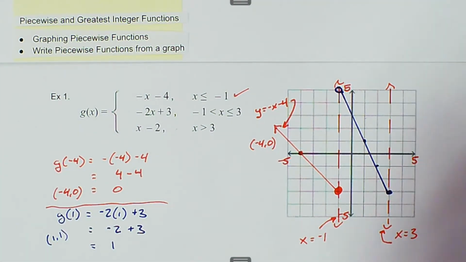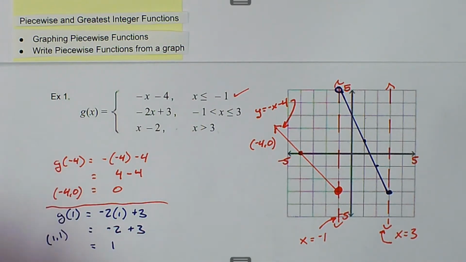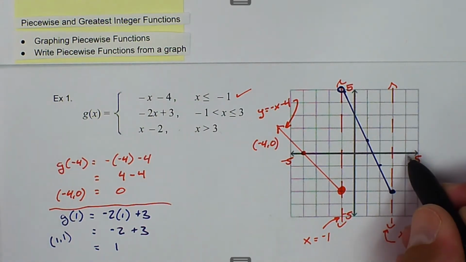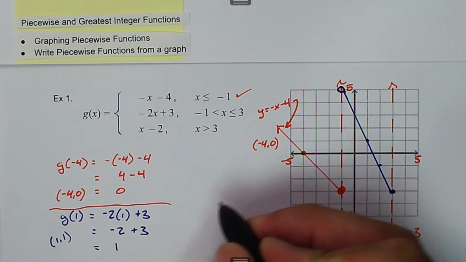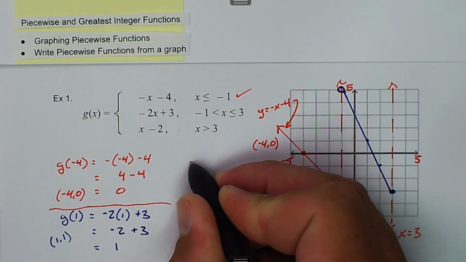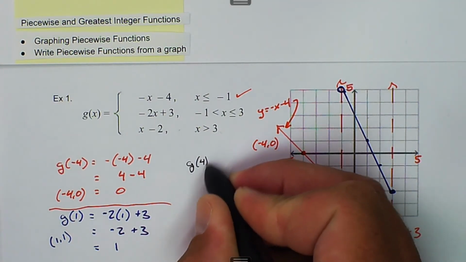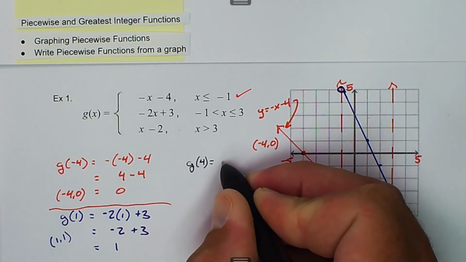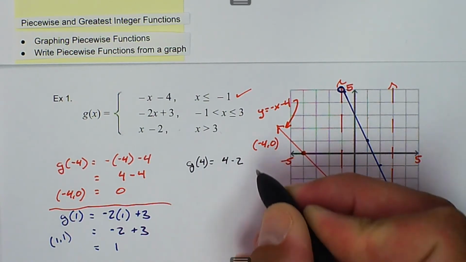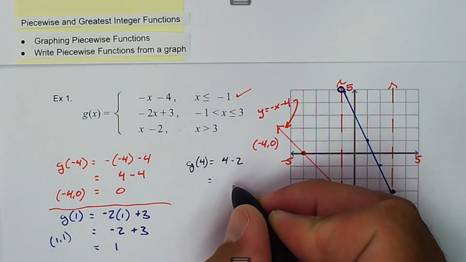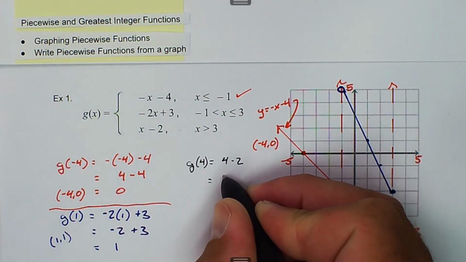And then we've got one more expression to evaluate, and that is x minus 2 for x greater than 3. So we can substitute in 4. We'll evaluate g of 4, and that is equal to 4 minus 2, which is equal to 2.